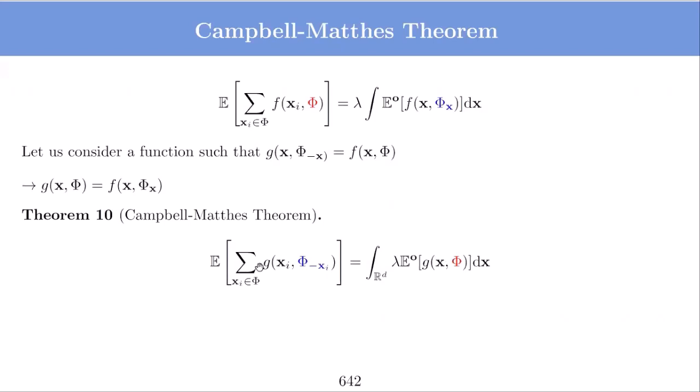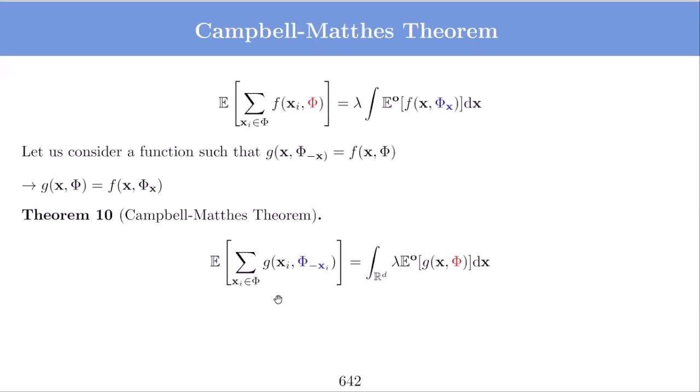So if you have this kind of function, you go to each point, take the point location and the view, compute the function value, take the summation, compute the expectation. That is just equal to the integration of the palm expectation of the function at x comma phi, conditioned on there being a point at the origin, dx.